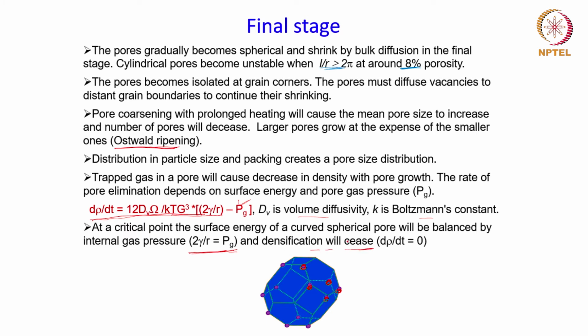Okay, so therefore for full 100% densification to take place, vacuum has to be used so that this kind of trapped gases can be eliminated, and therefore this effect of the gas pressure on the densification rate will not be there. Okay, so when vacuum is used, the generalized sintering equation for that is given by an expression like this.